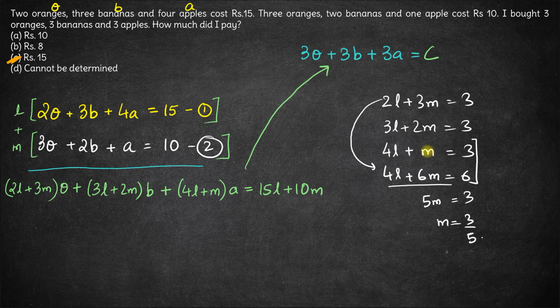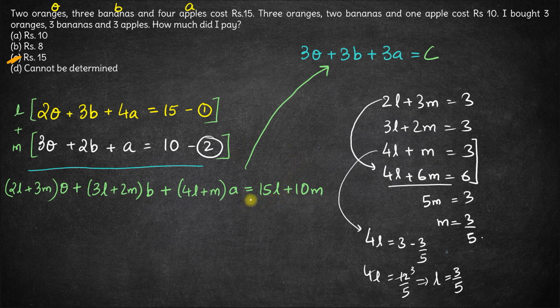Now if M is equal to 3 by 5, from here 4L should be 3 minus 3 by 5. So 4L should be equal to (15 minus 3) by 5, which is 12 by 5. Which effectively gives us that L is 12 divided by 4, which is 3, over 5. So L is also equal to 3 by 5. L and M are both equal to 3 by 5. This is what we get.